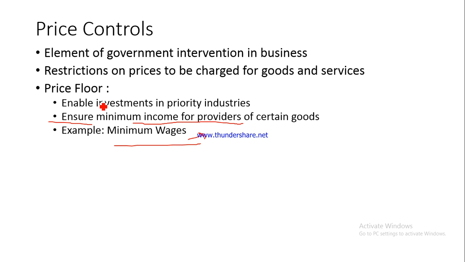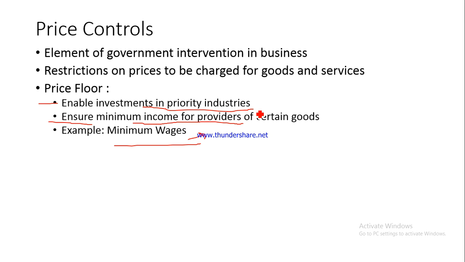Other objectives can also be there for fixing the price floors. Why are price floors fixed? The other objective can be enabling investments in priority industries. How does this happen? Supposing the government wants investments in some particular sectors of the economy. Naturally, somebody would invest only if that particular firm is assured of a certain return from the investment.